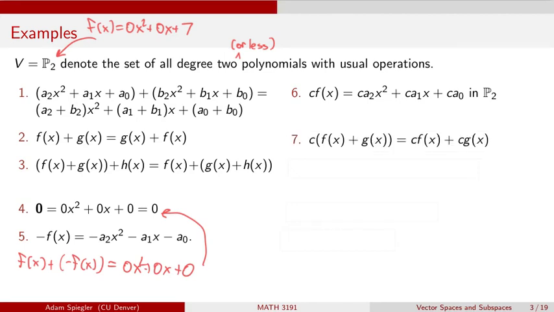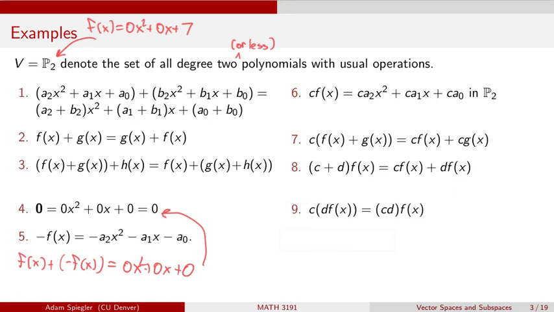We can certainly distribute c through addition in this way. Again, this property is really just going to follow from properties of regular addition and multiplication. This distributive property, when I'm taking the sum of two scalars times a quadratic f of x, certainly that is going to equal c times f of x plus d times f of x. So these distributive properties hold.